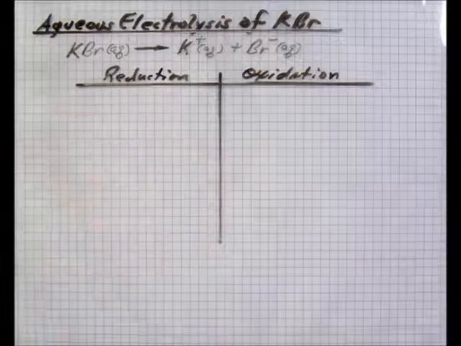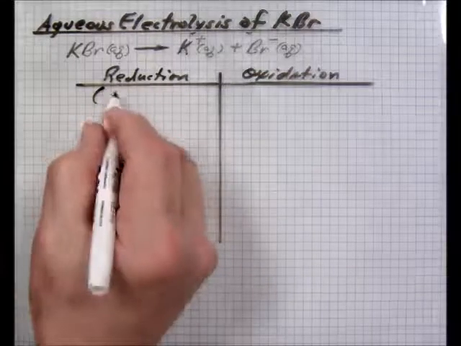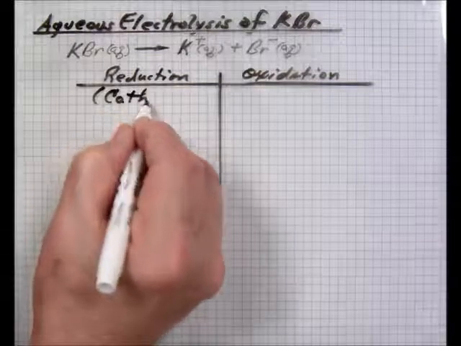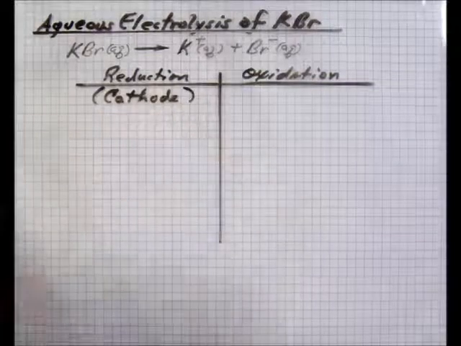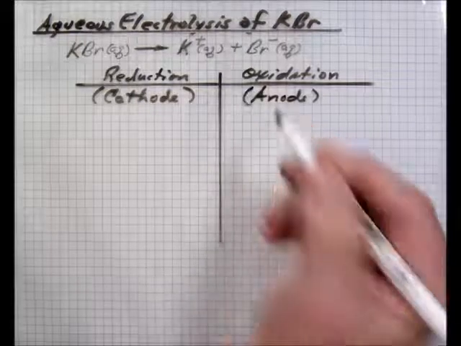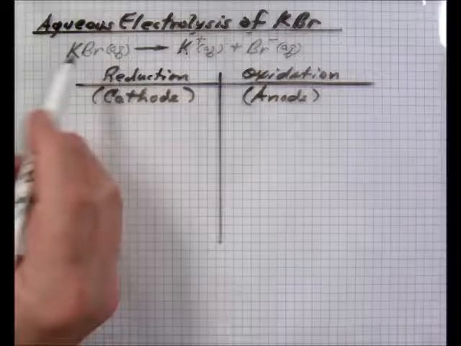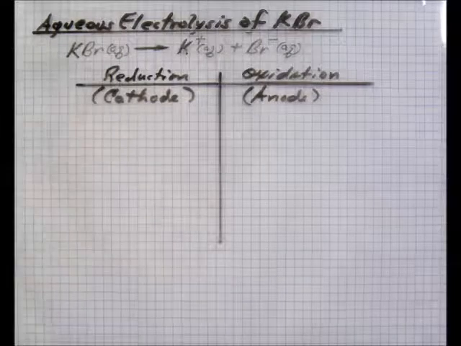And then, if you wish, to remind you that this is the cathode of the electrolysis, and this is the anode of the electrolysis. Then we need to write the reduction and oxidation reactions of the salt ions.